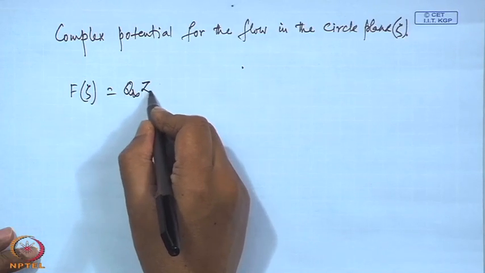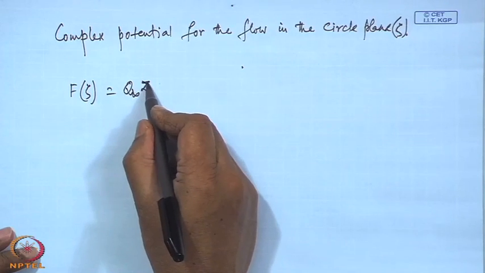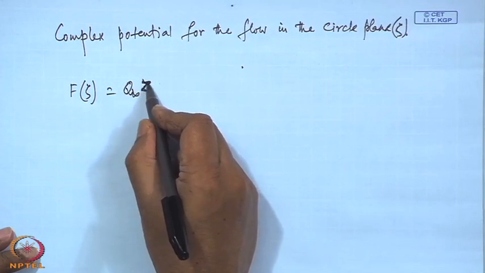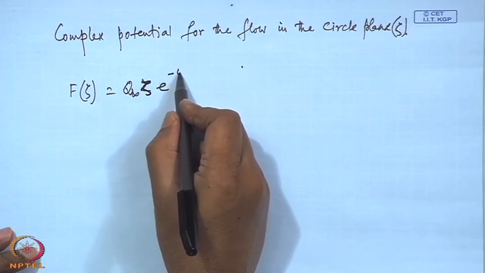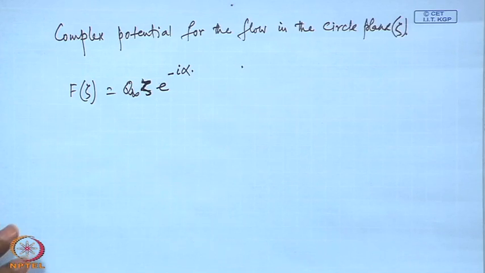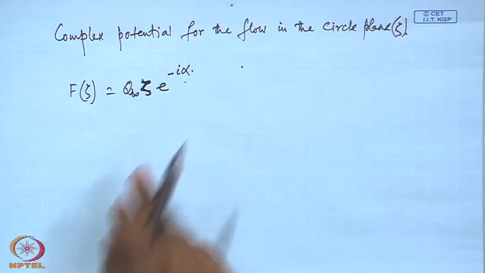And it is potential Q infinity, sorry not z, zeta, Q infinity zeta e to the power minus I alpha, where alpha is 10 degree expressed in radian. Remember, in this expression these alphas are in radian.